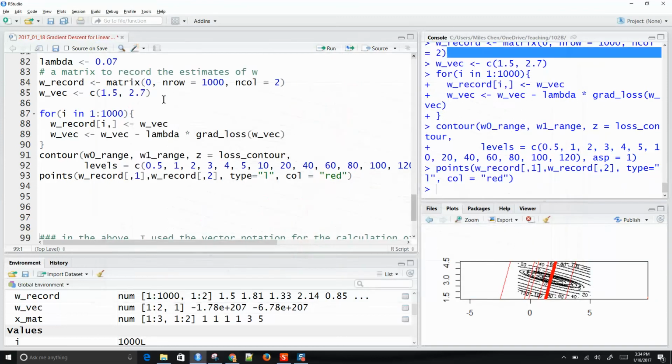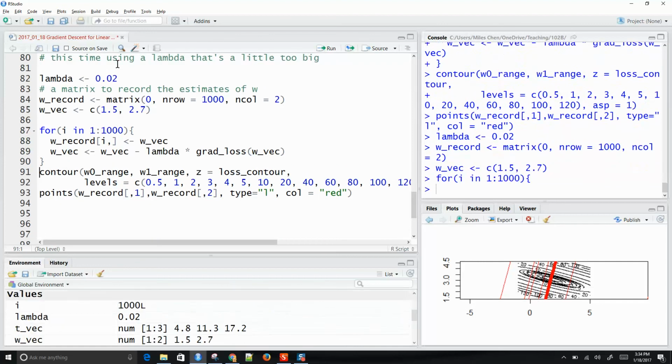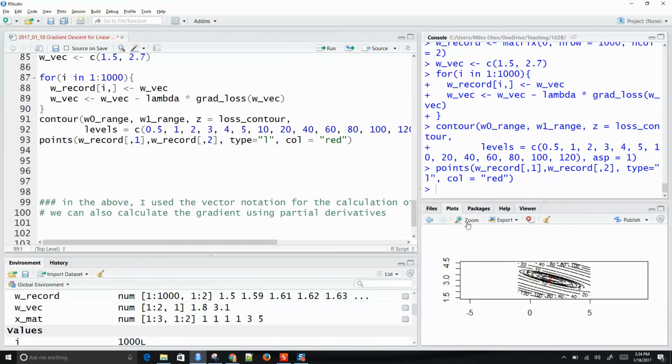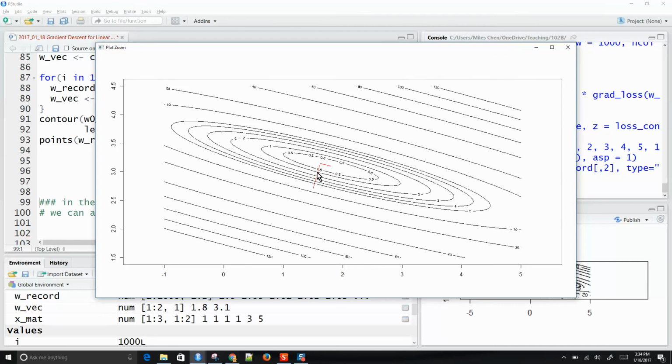Okay. Again, let me just shrink back my lambda. We can see I'm starting here and it should just go down to here. Okay, that's what we want. But I've taken step sizes that were too large, so basically this is shooting me over here, and at that point, the gradient is even bigger than my starting gradient, right?